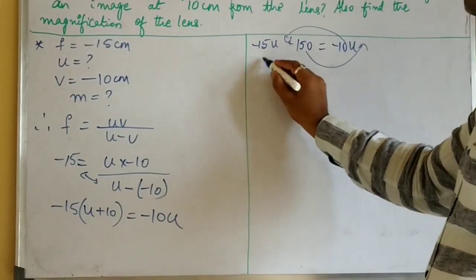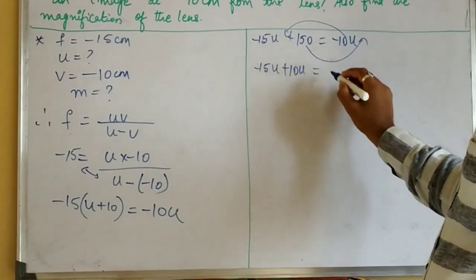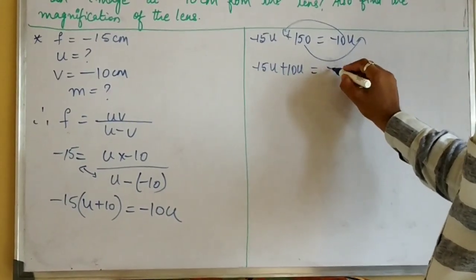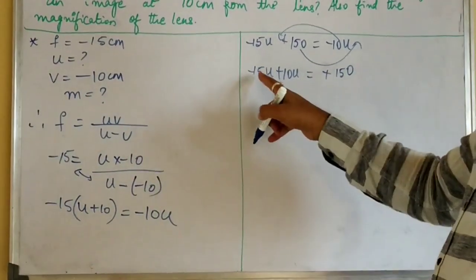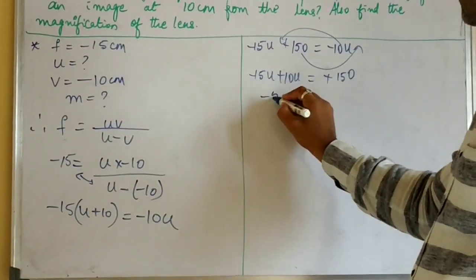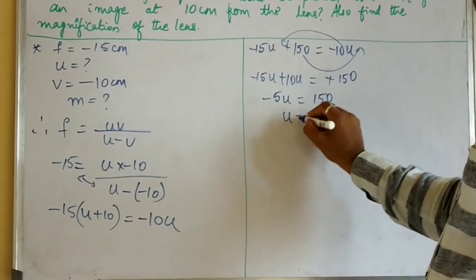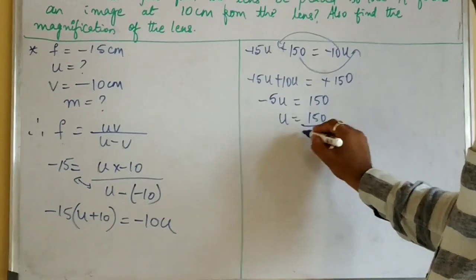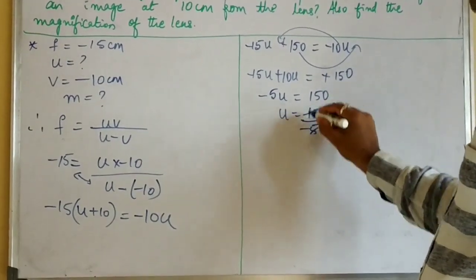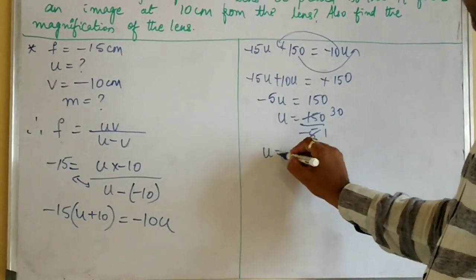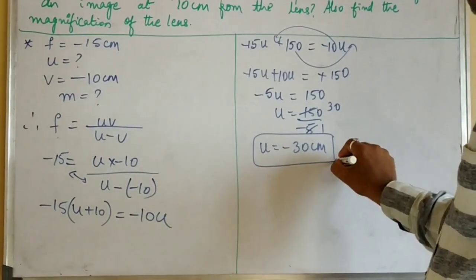So what you will get, minus 15U plus 10U is equal to plus 150. Okay. Now minus 15 plus 10 is what? Minus 5U is equal to 150, or U is equal to 150 by minus 5. 5 threes are 15. So U is equal to minus 30 centimeter.